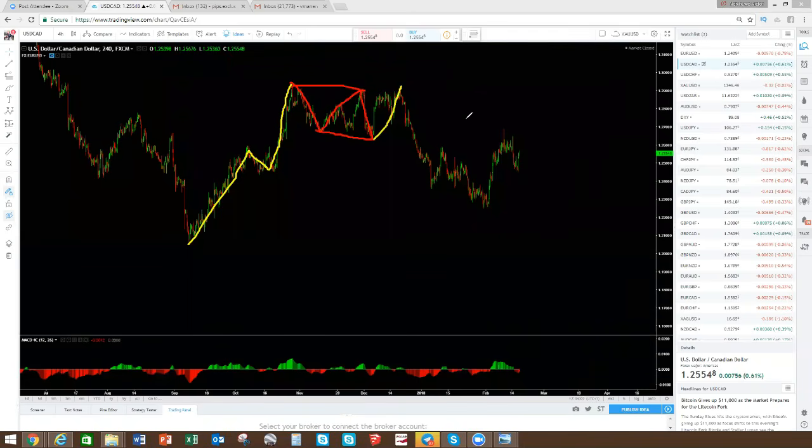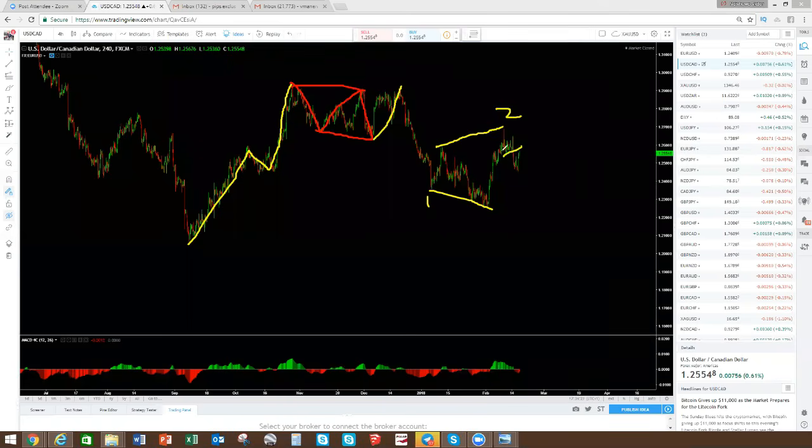So what we're getting here looks like a 1, and you see this is an expanding flat. Then a 2. And now we're starting the move down.